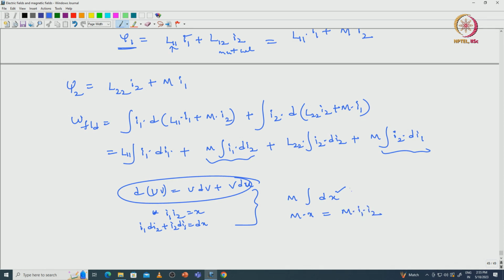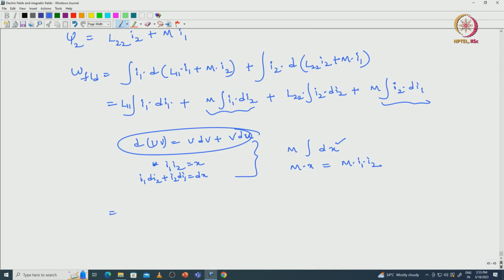Substituting this term in the above equation results in L11 into I1 square by 2 plus mutual inductance into I1 and I2 both terms, plus L22 into I2 square by 2. This is the final field energy expression, equation 3.